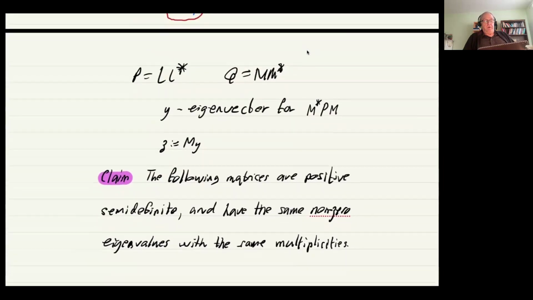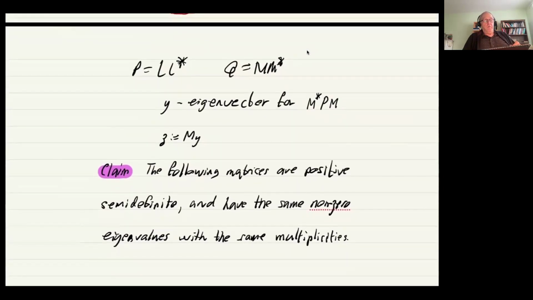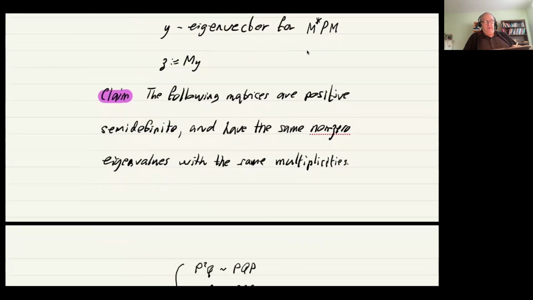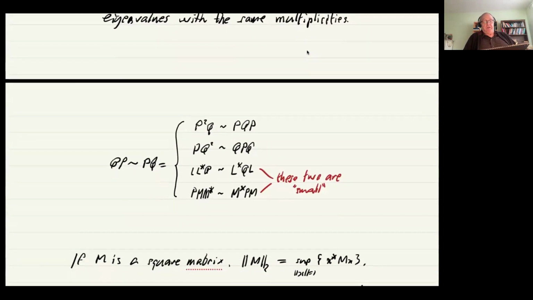So just a little bit of summary here. We've got P equal to this, Q equal to this, we've got an eigenvector Y for M star L L star M, and Z is equal to LY. And so, well, I'm now writing out the claim I just made verbally. We've got the following positive semi-definite matrices, and they have the same non-zero eigenvalues, the same multiplicities.